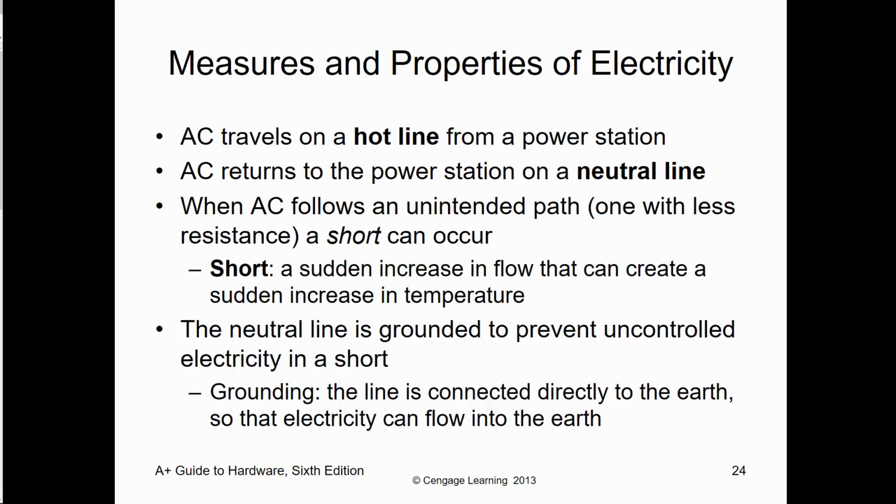The neutral line is grounded to prevent uncontrolled electricity in a short. Grounding is when the line is connected directly to the earth so that the electricity can flow back to earth. Grounding literally is a cable that goes back to earth or back to the ground. That way electricity can flow back to the ground.